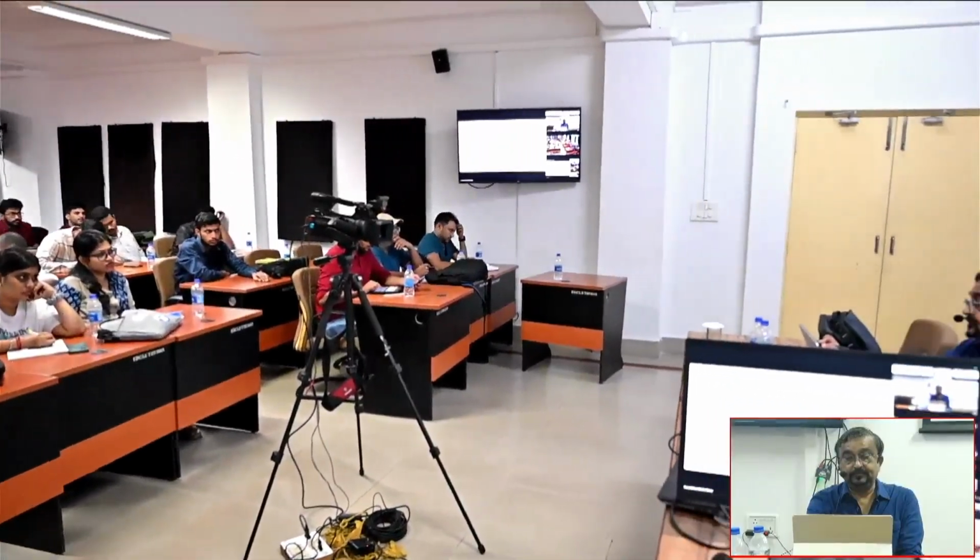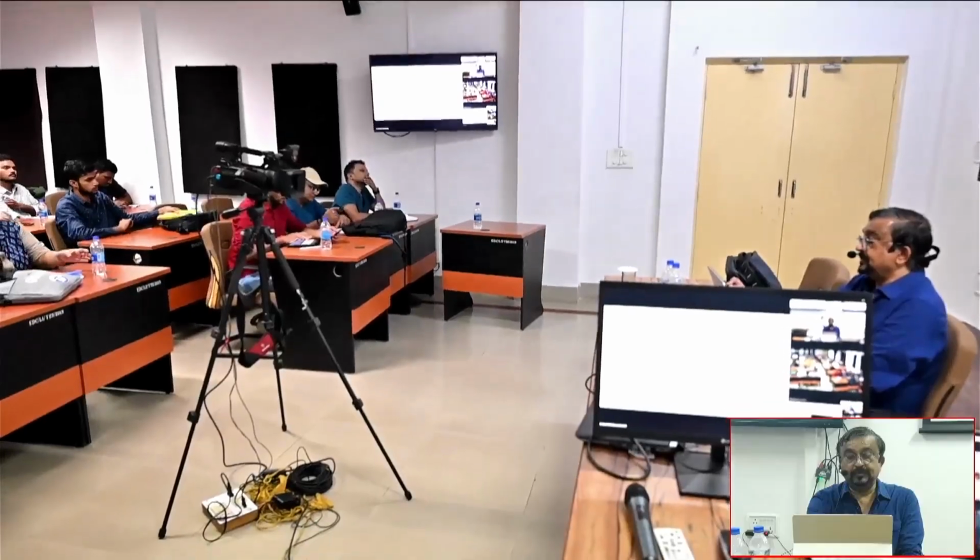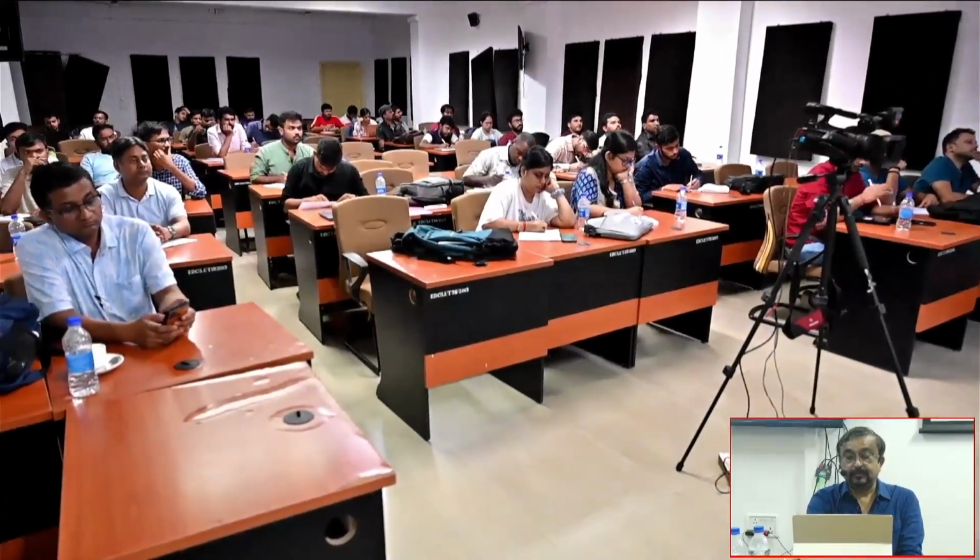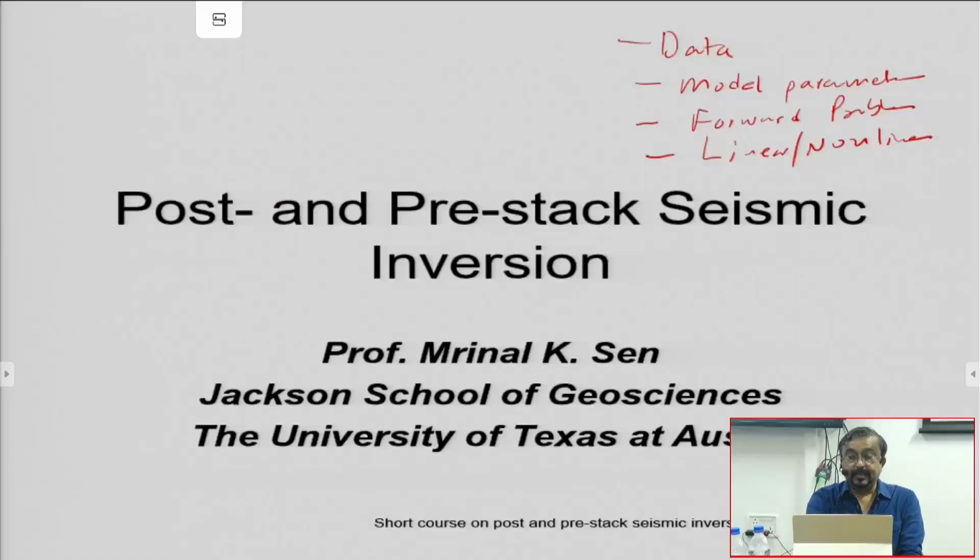So whenever you're trying to solve an inverse problem, you have to find out what is your data, what are your model parameters, what is your forward problem, is it a linear or a nonlinear problem, and if it's a nonlinear problem, first of all, then you want to decide whether you want to use a deterministic approach or a stochastic approach.